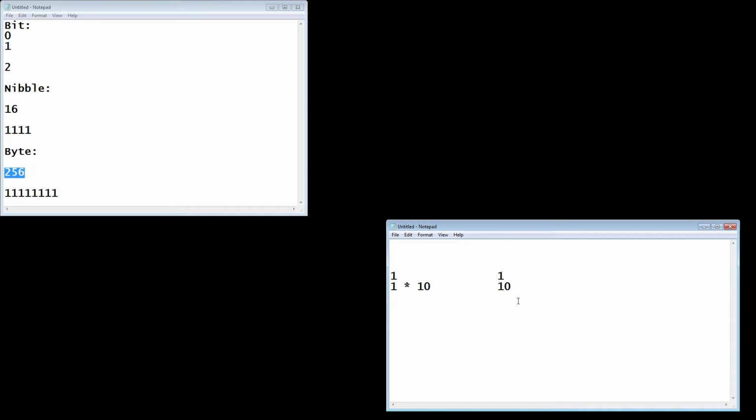So since it's 10, we're going to be taking this value, 10, multiplied by what? 10, because it's a base 10 system. That's 100. So 10 multiplied by 10 is 100, and then we move on. 100 multiplied by 10 is 1,000. And this just goes up and up in the same fashion.